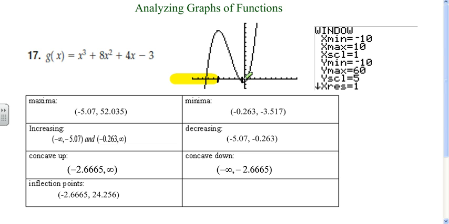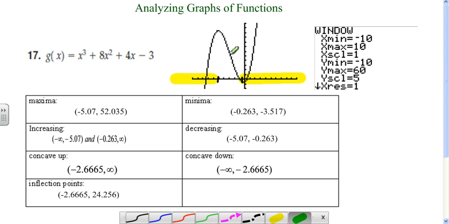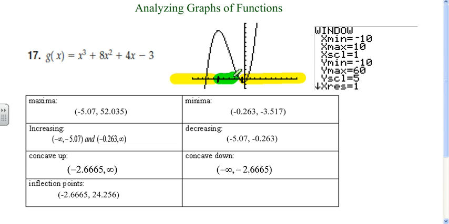And then it's increasing again from this point here where the minimum is to the right, which is from negative 0.263 to infinity. So the graph is going up there, so it's increasing during that part. And here it is decreasing in between these. So from negative 5.07 to negative 0.263.